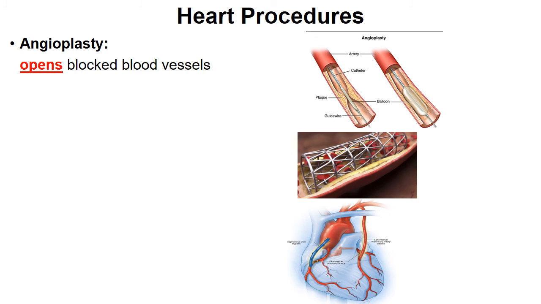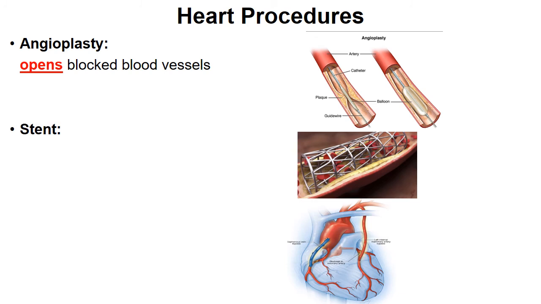Plaque is basically similar to the plaque on your teeth. It's not the exact same plaque, but it's a buildup of fats, plaque, in your arteries. And if the buildup is so severe, the blood flow cannot go through. So what an angioplasty does is it goes through and kind of roto-rooters, kind of like the plumbing in your house, and cleans out those arteries.